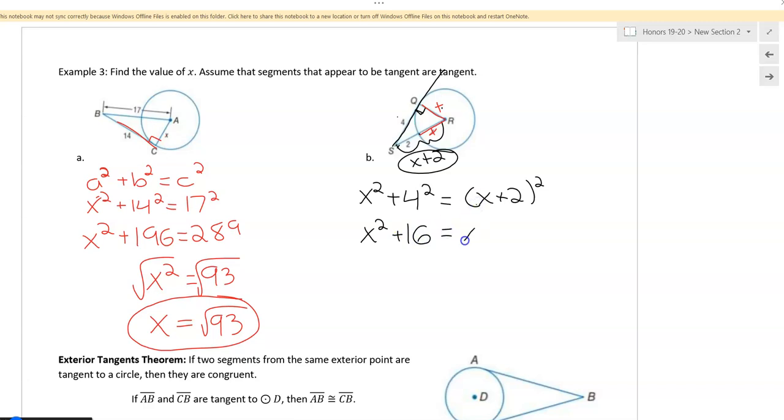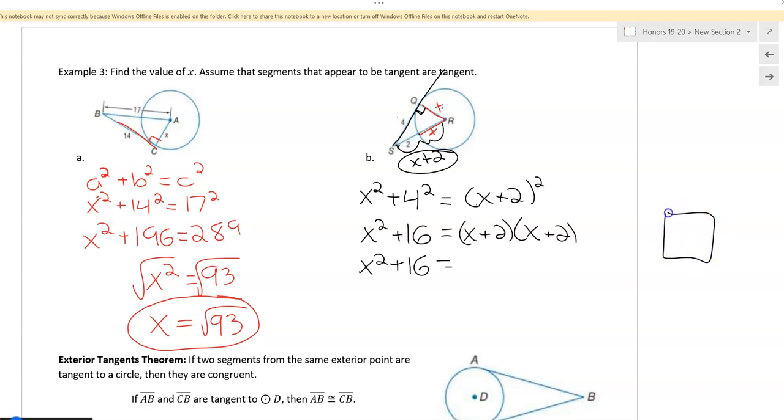X plus 2 squared is x plus 2 times x plus 2. This is the part people get wrong the most. They want to do that x plus 2 squared is x squared plus 4, and that's not right. I have to FOIL, or distribute twice, or the boxes.